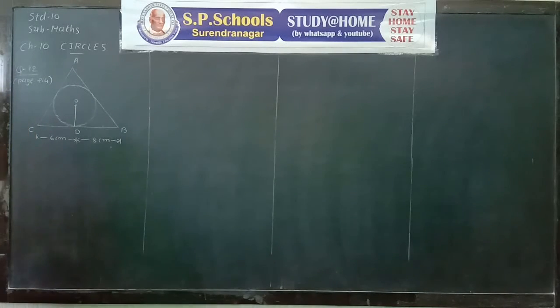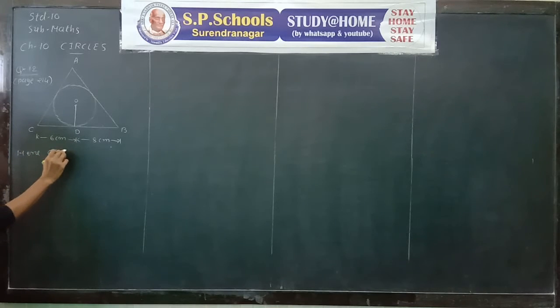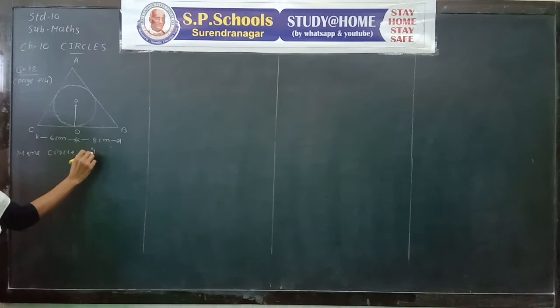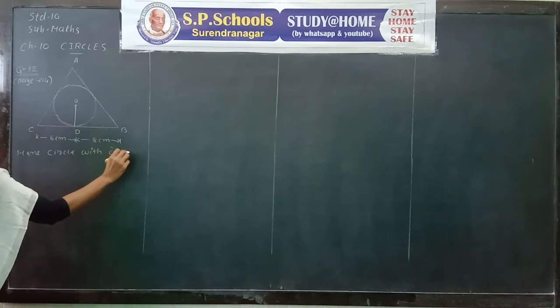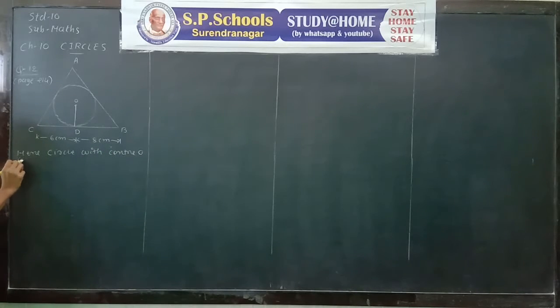First of all, write the given. Here, a circle with center O is given.